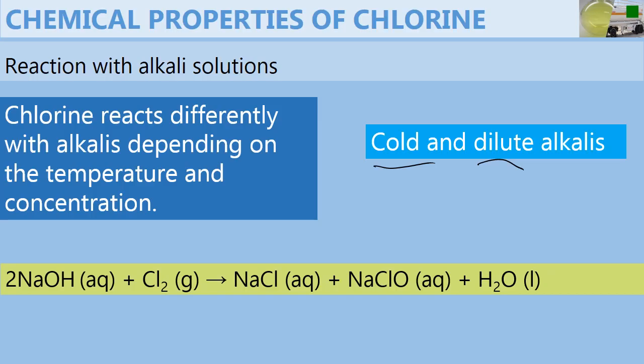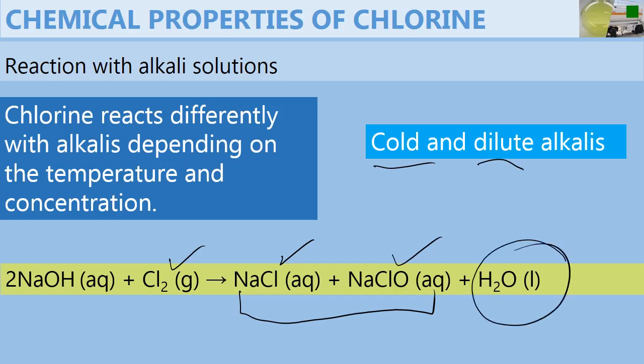Sodium hydroxide, which is a strong alkali, reacts with chlorine to give two products, sodium chloride and sodium hypochlorite. And the other product is water.